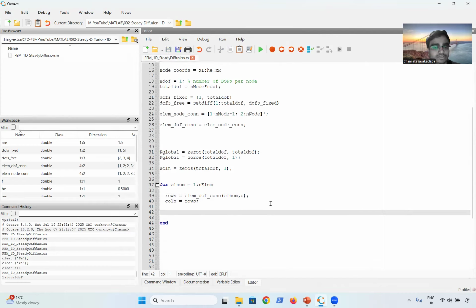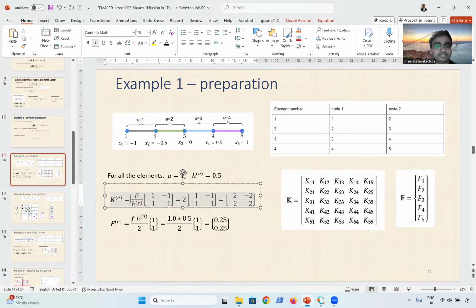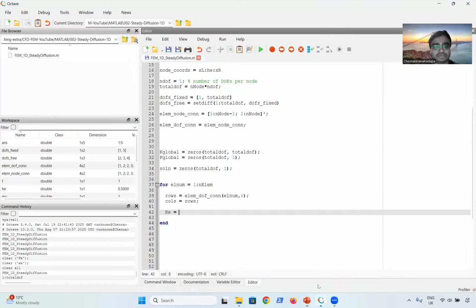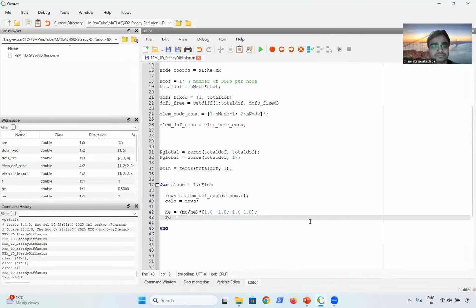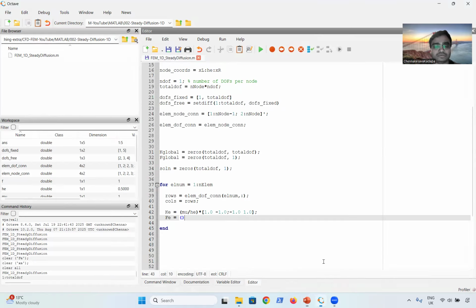Next we calculate the element's stiffness matrix, using this formula: mu by he times [1, minus 1; minus 1, 1]. And Fe is f he by 2 times [1; 1].